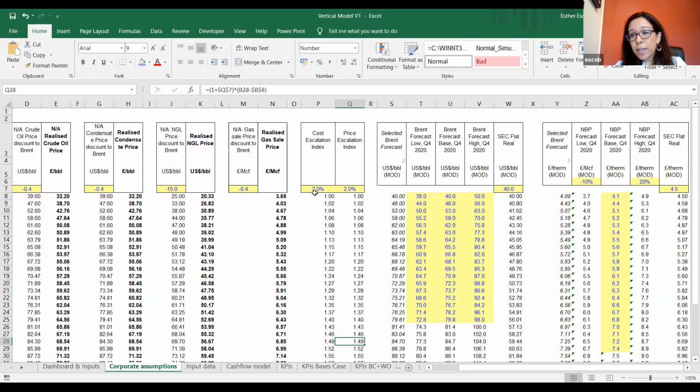It's important to clarify that the National Balance Point has become a very liquid market, and that's why we assess using specifically the National Balance Point for sales gas. Previously, gas was indexed to oil price, but that is not the case anymore in many areas in Europe. That's why they are using these types of prices more.